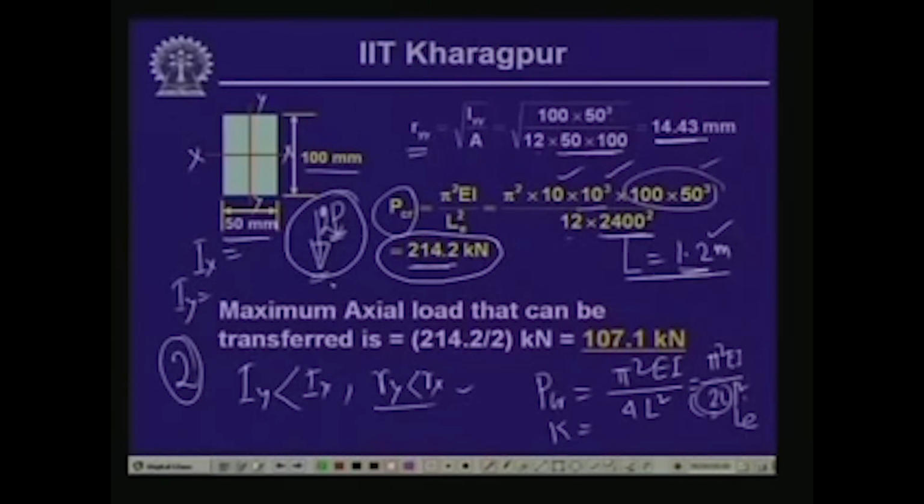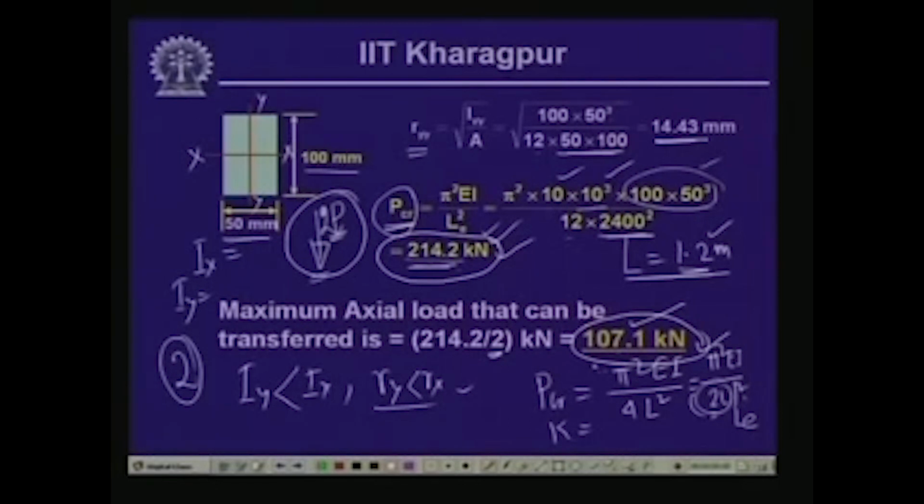So, the maximum load that should be applied is limited to half the actual load, because this critical load which we compute from Euler's critical load formula is not with any factor of safety. So, we will have to impose the factor of safety to this. If we divide this load by 2, the factor of safety value, the load comes as 107.1 kilonewton. So, the maximum load that you can apply on this particular member is equal to 107.1 kilonewton.